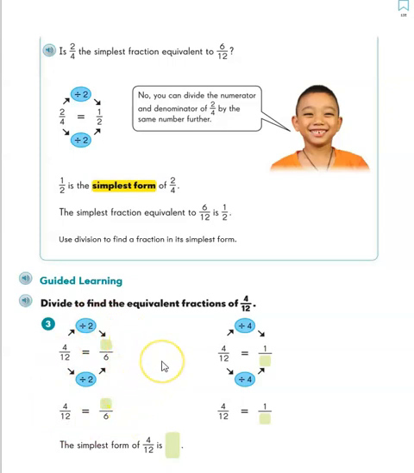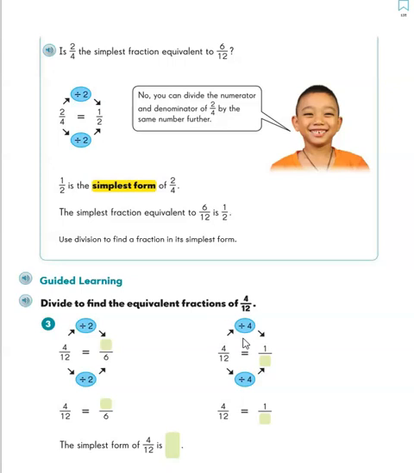But do you think that that is the simplest form of the fraction 4/12? Is there another number that can divide evenly or equally into 4 and 12? You guessed it, it's 4. If we were to count by 4, we would say 4, 8, 12.